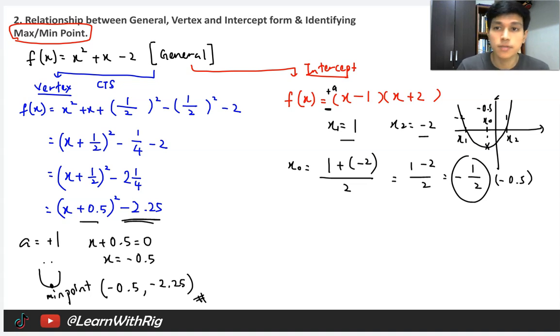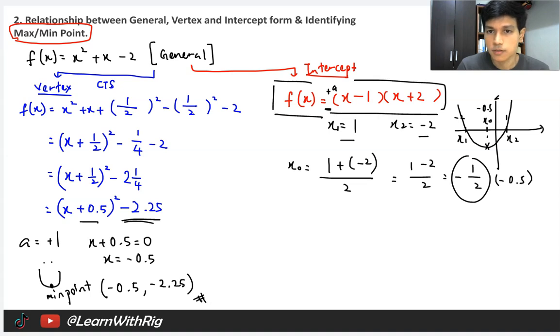Now you have already found the x value. So how do you find the y value? Just substitute back into this equation and you will get your y value. So what are you going to do? It's going to look like this: equals negative 0.5 minus 1, negative 0.5 plus 2.